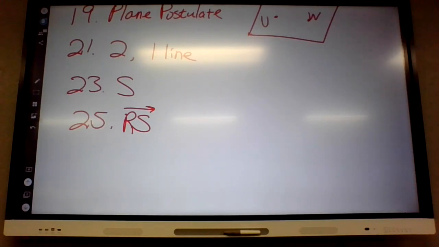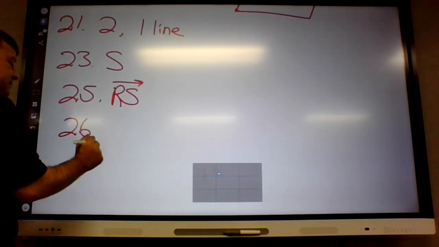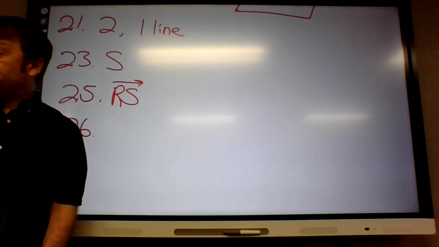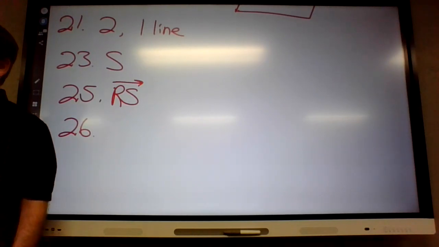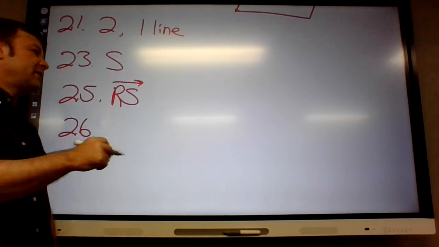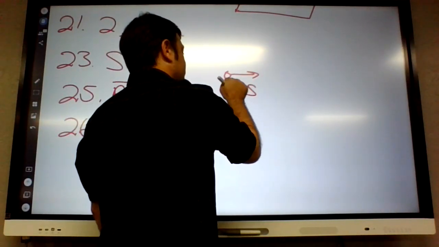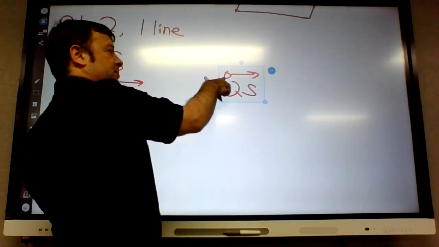All right, 26 is weird, so I went ahead and did it with the other class. It's kind of a weird answer. All right, 26. Do you guys see ray TR? Starts at T, goes to the left. What did this little symbol mean? It's called half line, but what does that mean? It doesn't include the... Right.